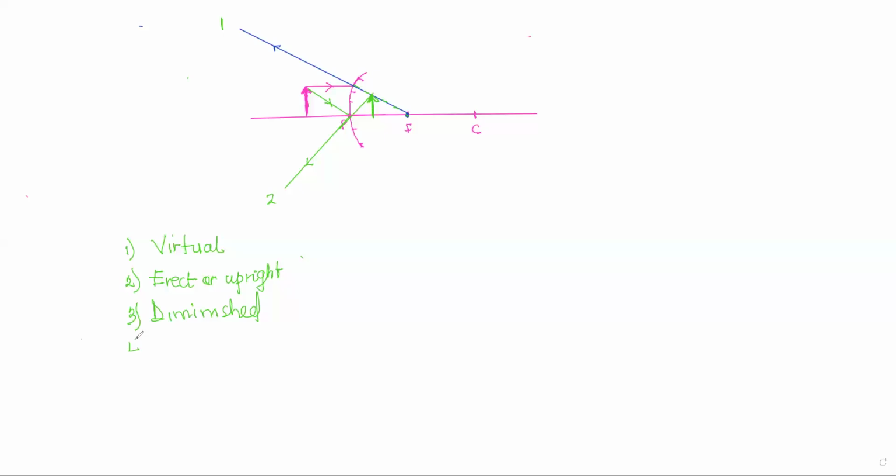And that is the final one. The image is formed between P and F. Yes, you are not wrong. But here, because it's virtual, it is formed behind the mirror, at the back of the mirror. The location of the image is opposite to the location of the object.